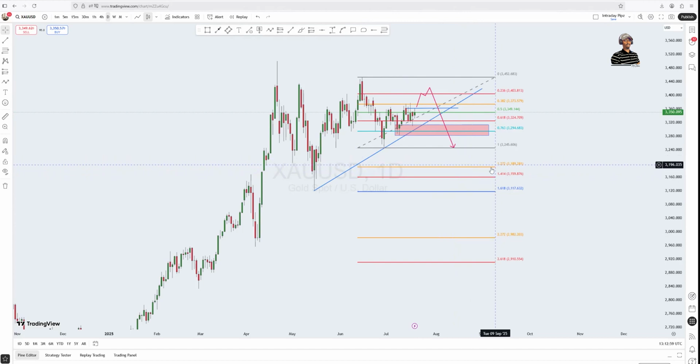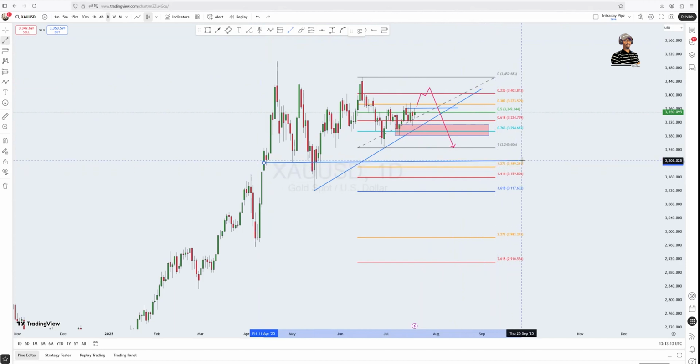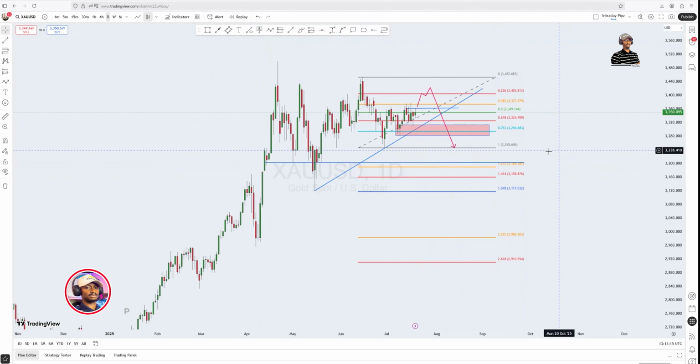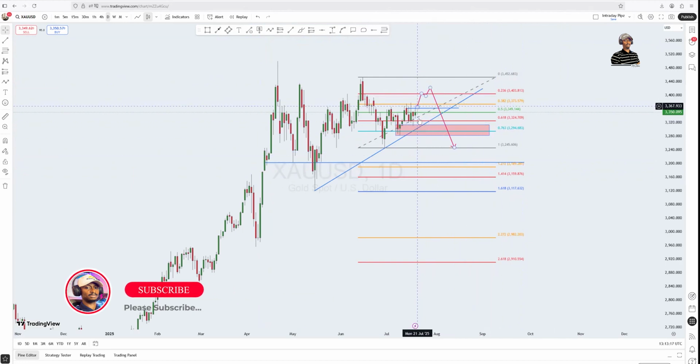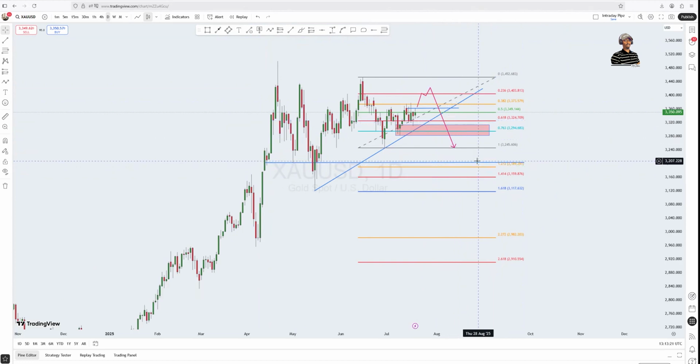Looking at it from this perspective, being in the daily time frame, I'm just going to be looking at the left hand side to try to find some confluences, which of course I may want to lean to this liquidity level. So meaning that if price closes bearish, I'm going to be selling towards this level, which is the 3202 price level.